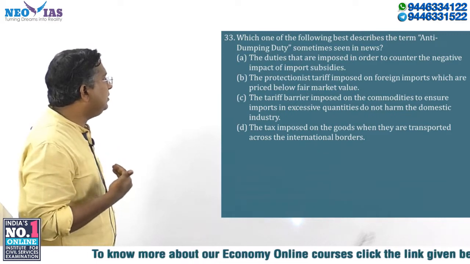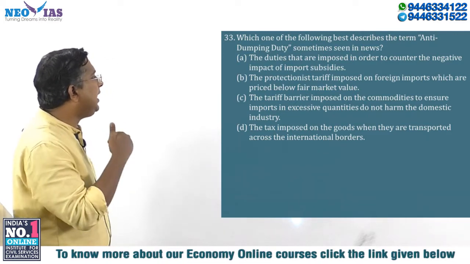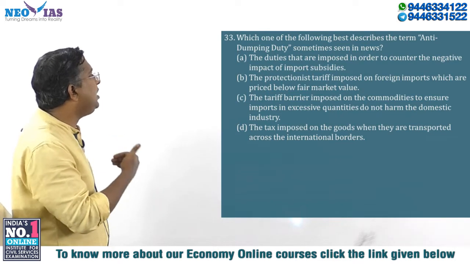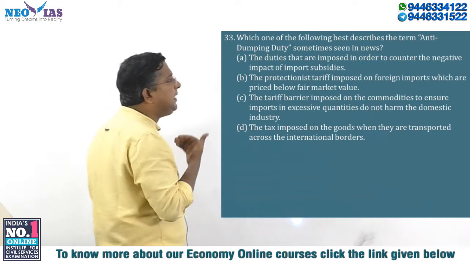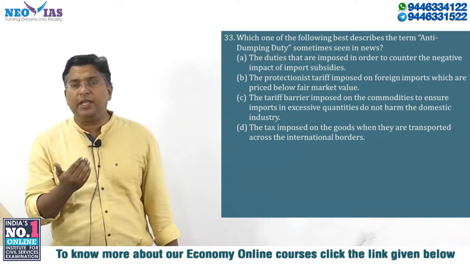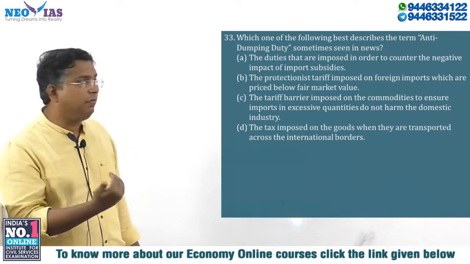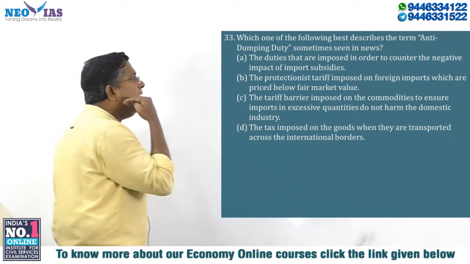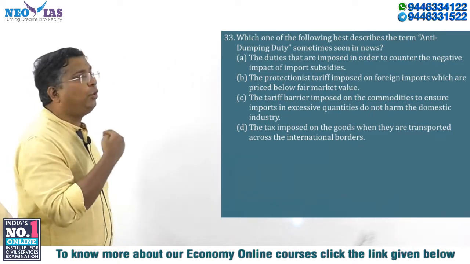The duties that are imposed in order to counter the negative impact of import subsidy. This is the definition for countervailing duty. Okay, CVD or countervailing duty is imposed by the government in order to reduce the impact of import subsidies.